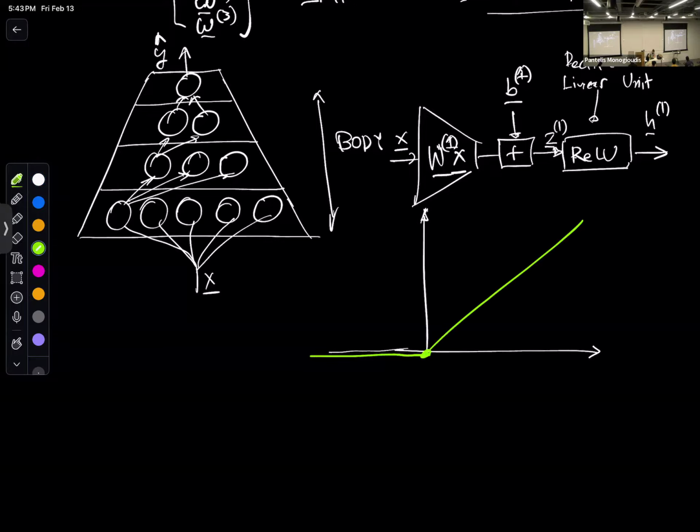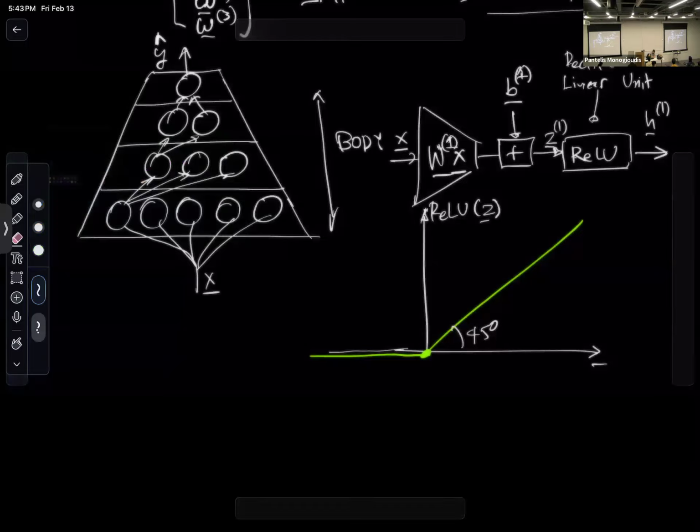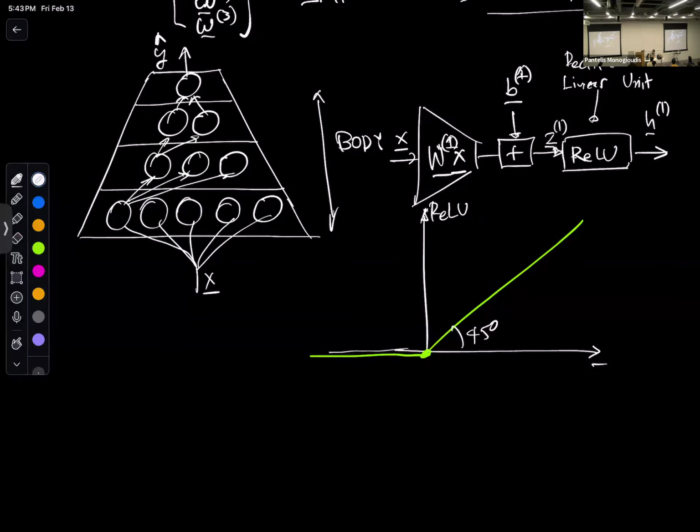And it's going to be a linear unit. In other words, this angle will be 45 degrees over z, and this is ReLU of z. Let me write it, ReLU of z.